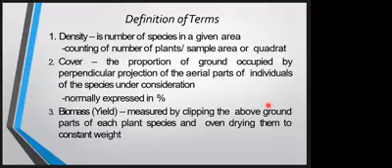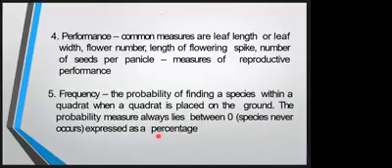You'll discover that later. Okay, so we have biomass or the yield. It is measured by clipping the above ground parts of each plant species and oven drying them to constant weight. So you'll have the procedure later. Then we also have performance. Common measures are leaf length, leaf width, flower number, length of flowers, flowering spike, number of seeds per panicle, measures of reproductive performance.